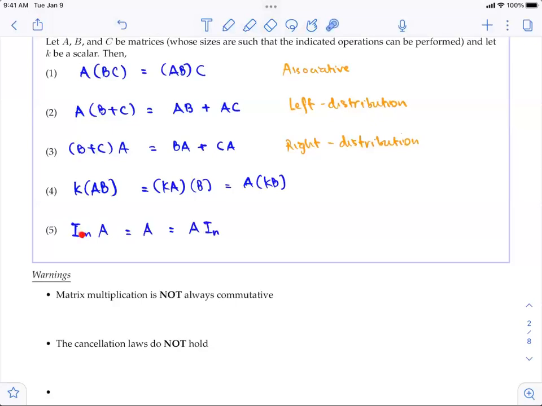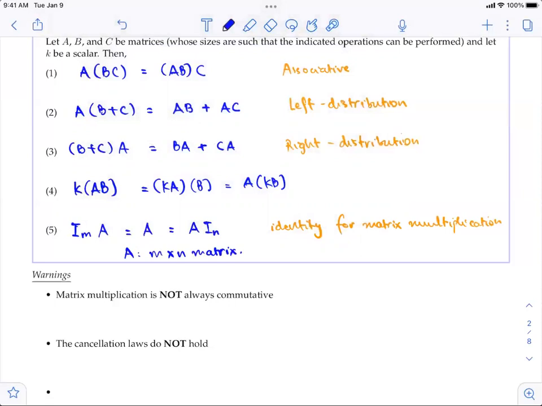So this is the identity matrix of M by M, and this is the identity matrix of N by N. This is the property of identity for matrix multiplication. We have these different identities because the matrix A is of size M by N, so you have to be careful here.